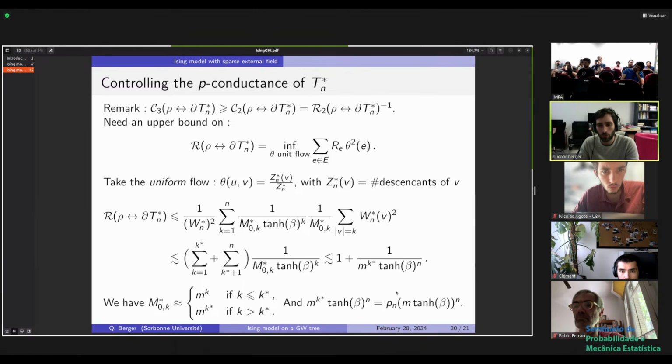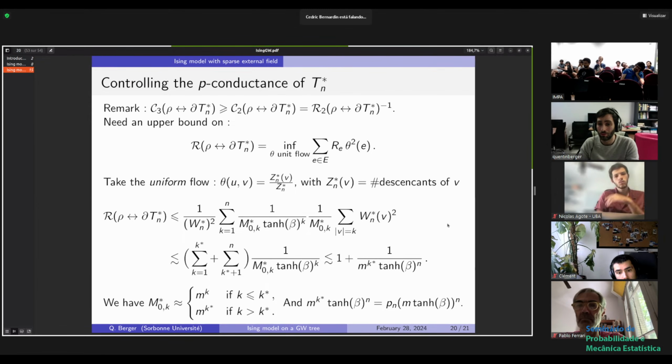So it will not change the condition that if this goes to 0, then you blow up, and if this does not go to 0, then you don't blow up. It will change the way in which you blow up. I don't know if that was clear. But you can do it. Yes, in practice we can do it.